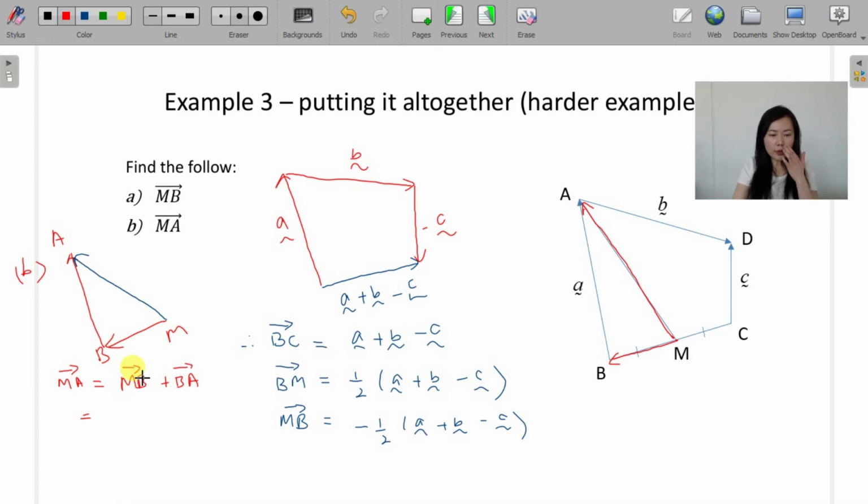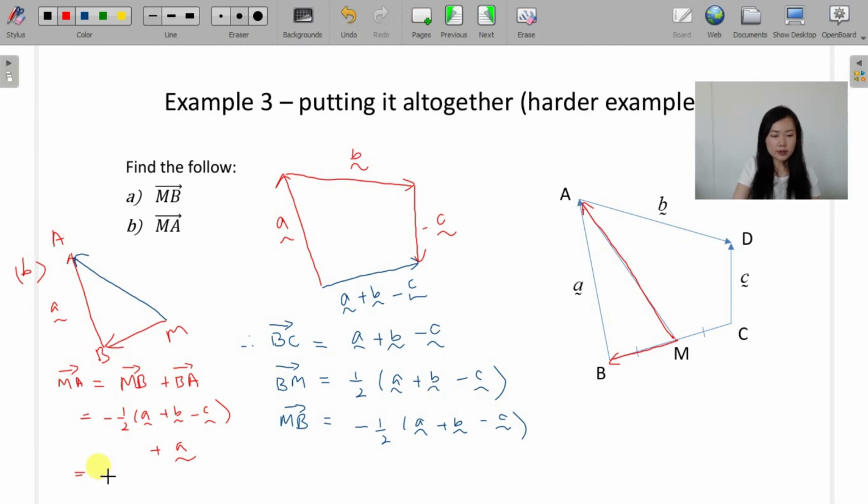But what are they? Well, MB, we know what it is. It's this thing. And BA, you can see, is just vector A. So I'm just going to copy it, so plus A, basically.